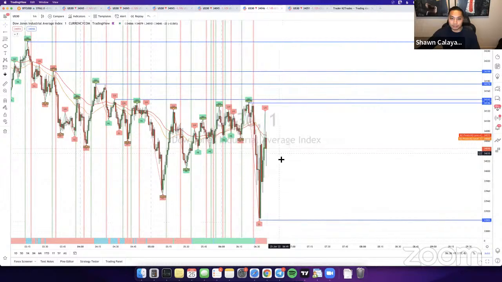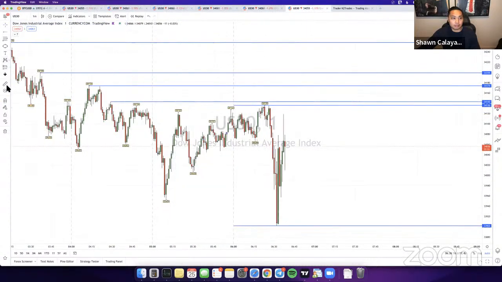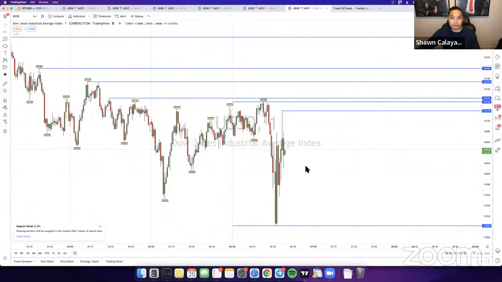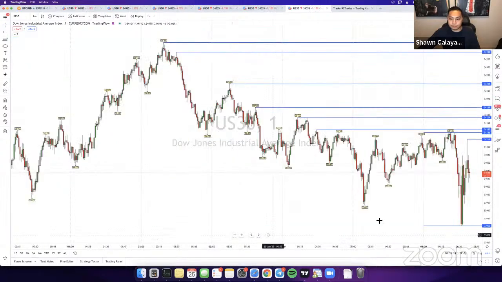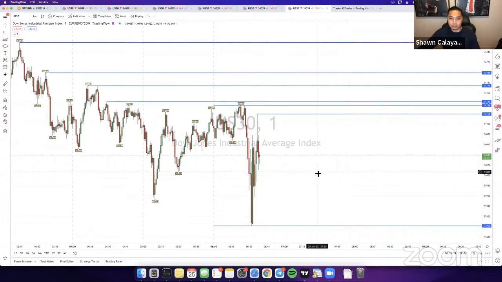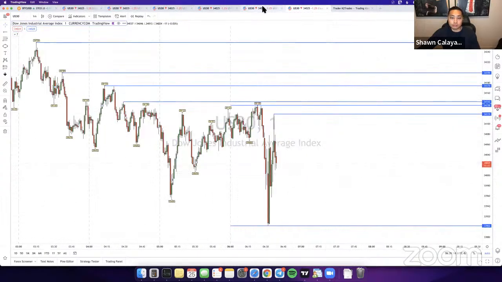Looking at the market here, it's kind of wishy-washy. It doesn't look like it's really directional at all. It's still kind of going back and forth. But it's all right. It's just how it'll continue to push along until it does choose its direction.